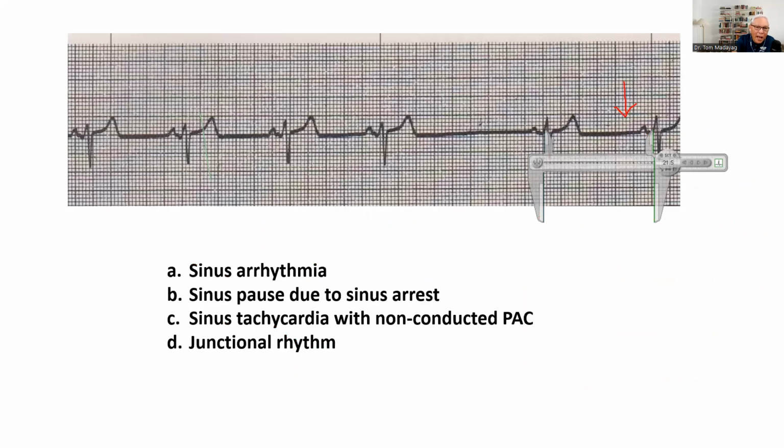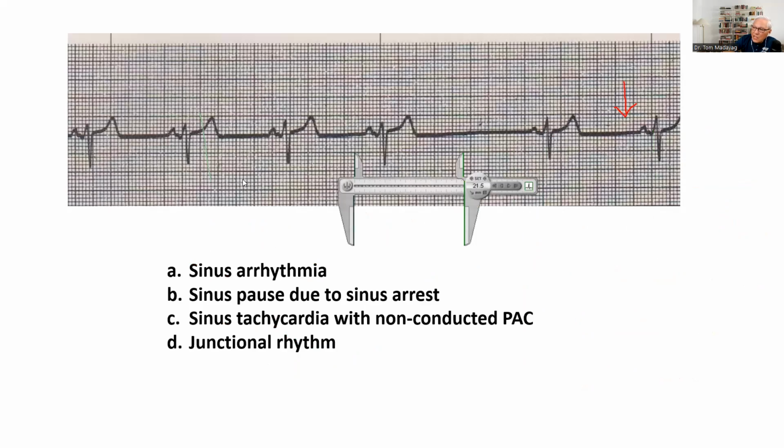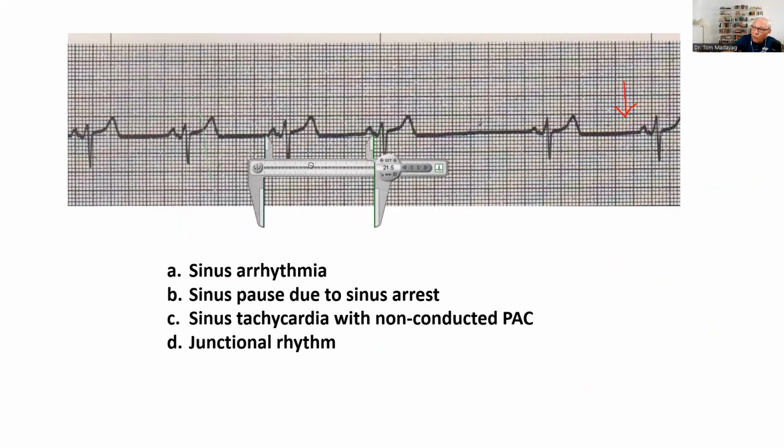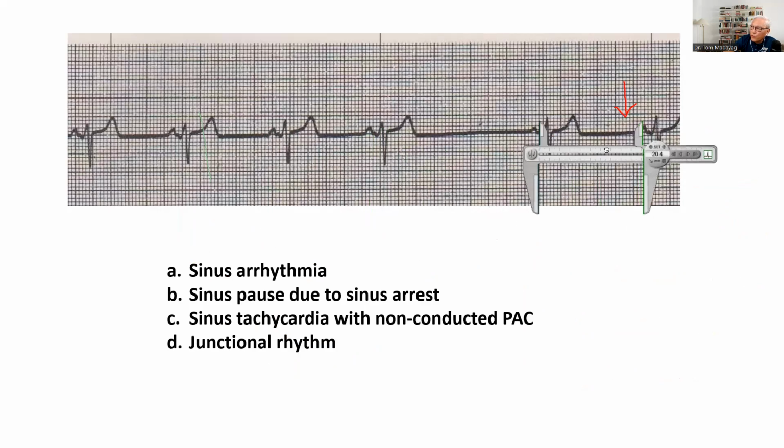So in looking back now to this particular example, we see that the rate before the pause, right here, is different from the rate after the pause. And therefore, this is what is known as a sinus arrest. Okay? Is that okay now, Margaret? Is that clearer?